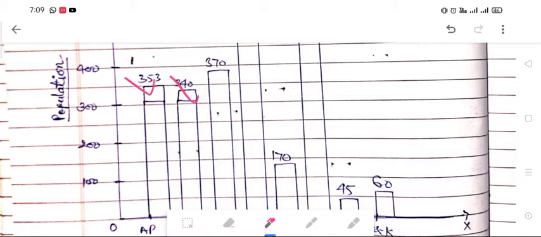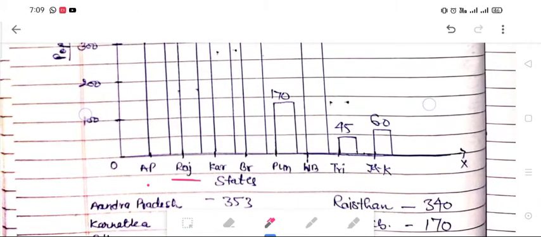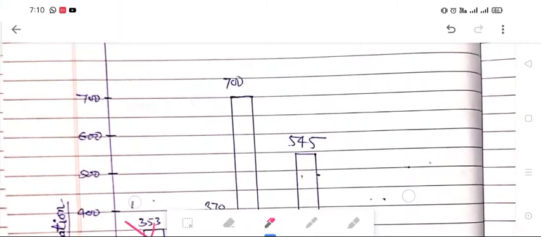So the second bar represents the population of the state Rajasthan. 370 represents the population of Karnataka, and the highest population is in Bihar, which represents 700.